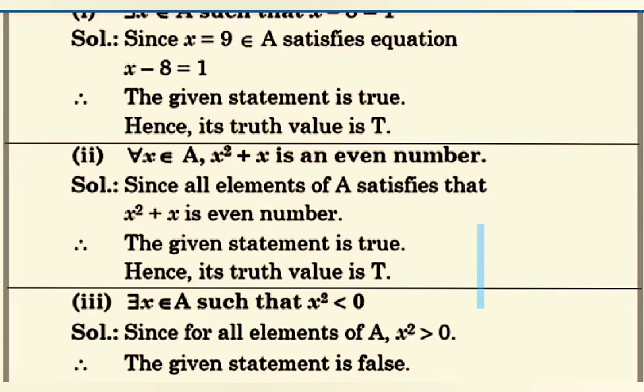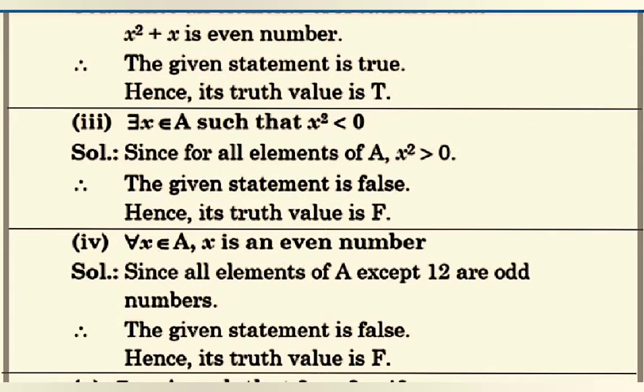Third, there exists x belongs to A such that x square is less than 0, and the solution is: since for all elements of x, x square is greater than 0, the given statement is false, and hence its truth value is false.